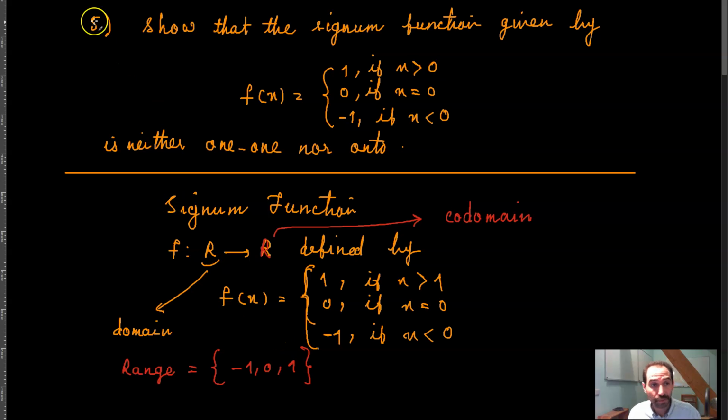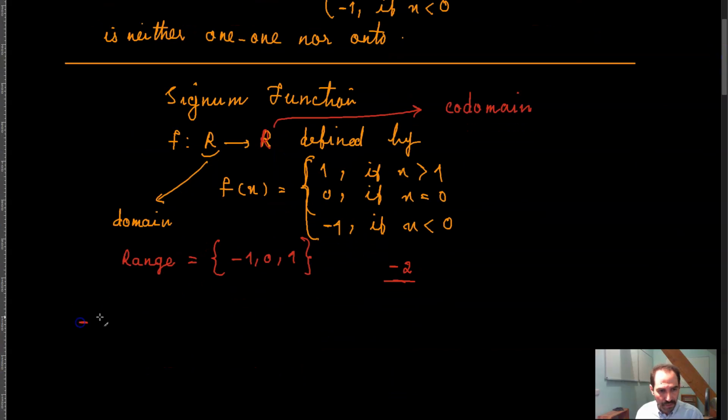And so based on the fact that there are all of these elements in R, for example -2, -2 does belong to R, but it's simply not an element of the codomain that is the image of any element in the domain of the function.